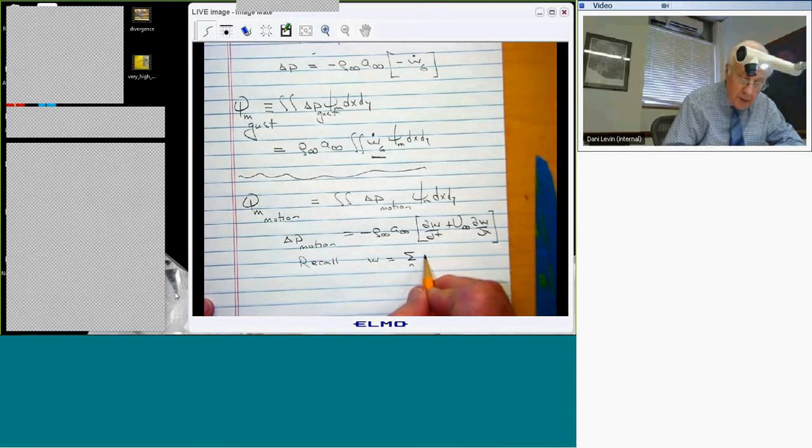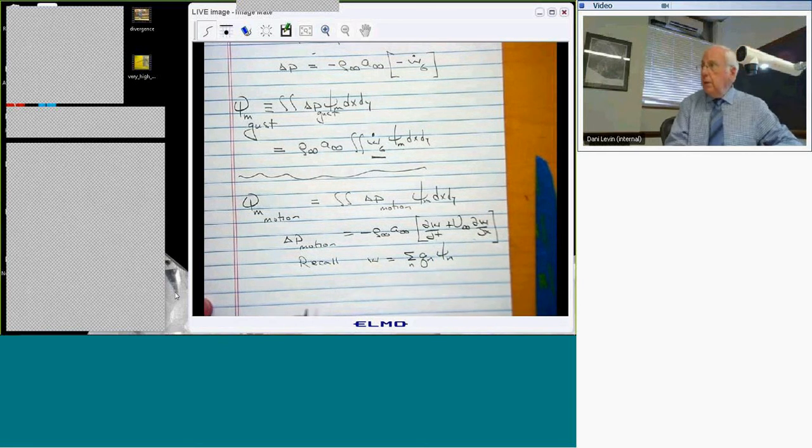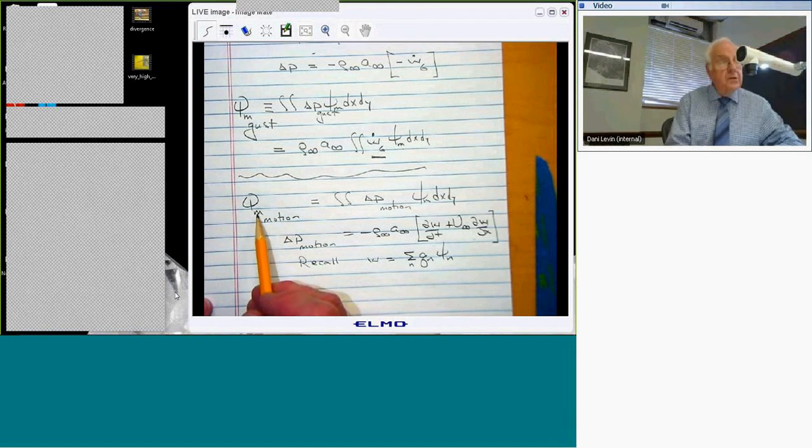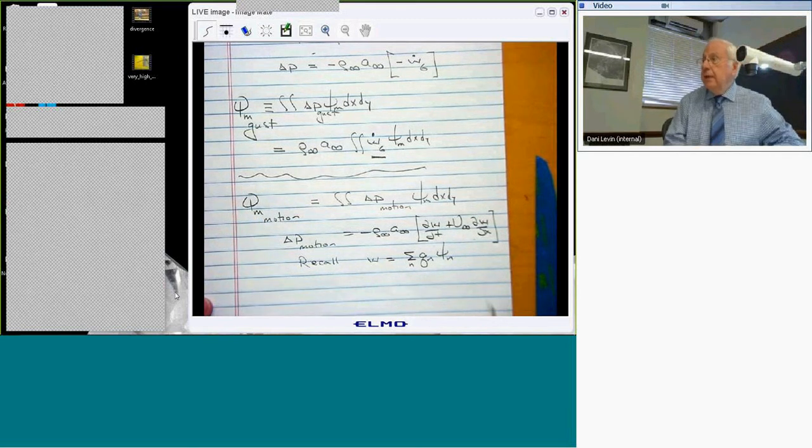W has contributions from all the modes. Therefore, this pressure due to the motion has contributions from all the modes. Therefore, even though this is the generalized force associated with the nth mode, the generalized force in each mode has a contribution from all the modes due to the aerodynamics.